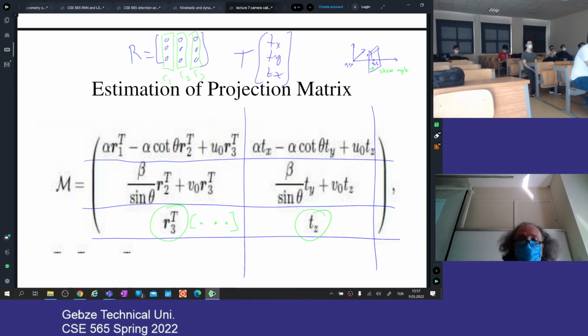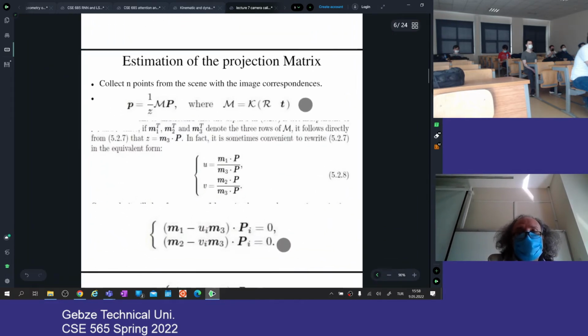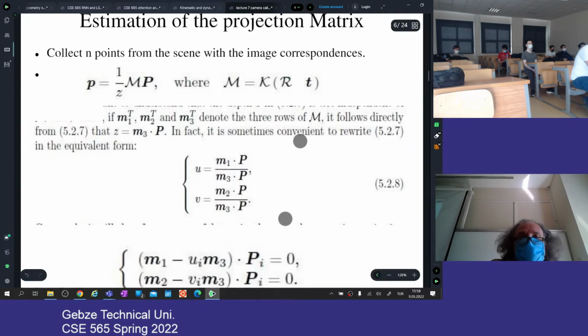Okay, let's get started. This is what we are going to do. I know this one, K times R times T is equal to M. Remember that this P has three components, X, Y, Z. Because of the homogeneous coordinates, if I divide by Z, you get the two-dimensional component.